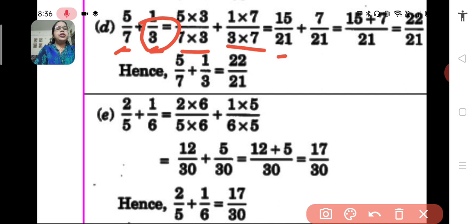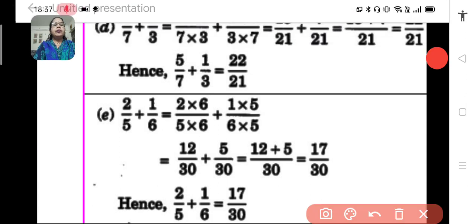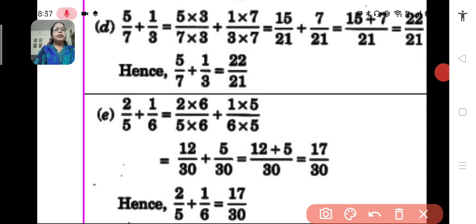We get 15 upon 21 plus 7 upon 21. Now, we can retain the common denominator 21 and add 15 and 7. So, what do we get? We get 22 upon 21. So, 5 upon 7 plus 1 upon 3 gives us 22 upon 21.